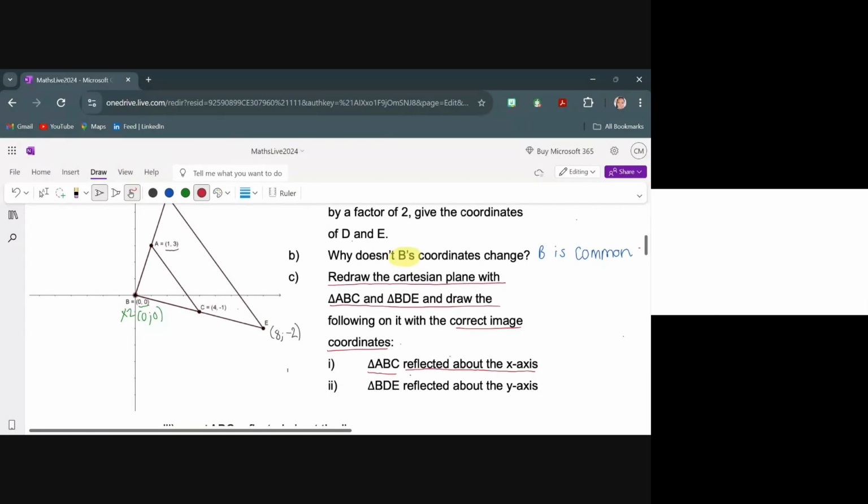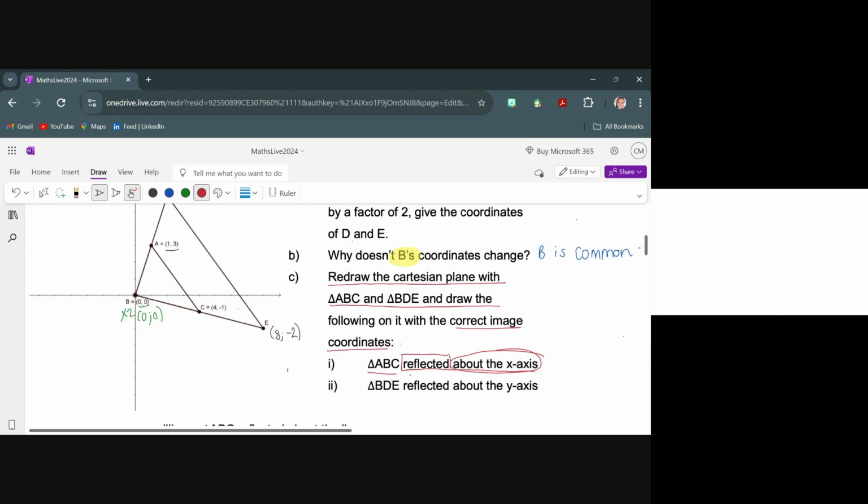First thing is reflected. We should know what a reflection is. And the second thing is we should know what about the x-axis means. Let's start with a reflection. Thumbs up, does everybody know what a reflection is? Are we all familiar? A reflection is like looking at yourself in the mirror, right?